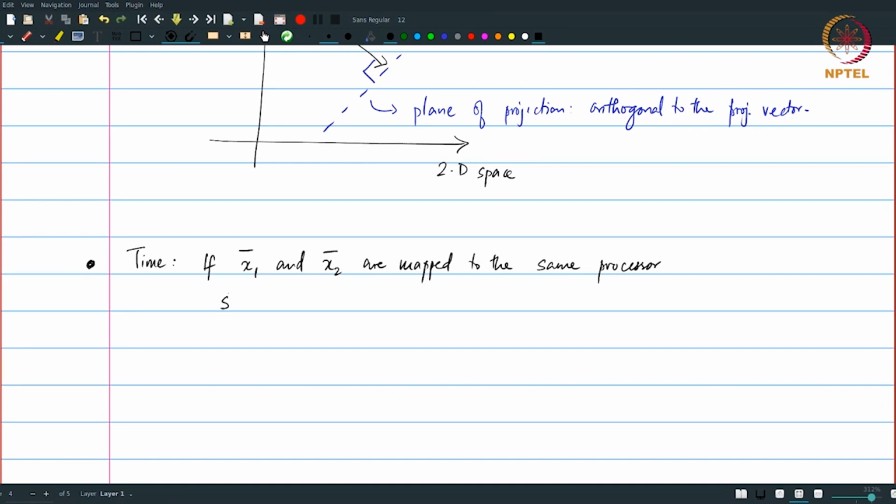In other words, S transpose x1 cannot be equal to S transpose x2. Or rewriting this, S transpose x1 minus x2 is not equal to 0. Or another way of writing this would be S transpose D is not equal to 0.